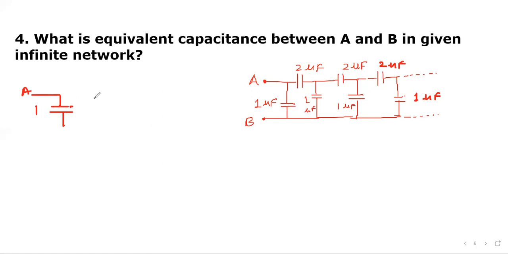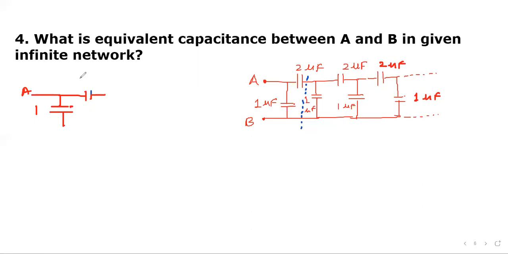So this is 1, and then this 2 is written, and then remove entire thing and assume it equal to C. This portion is removed, and we assume that this is equal to C, and the whole resultant is also C.